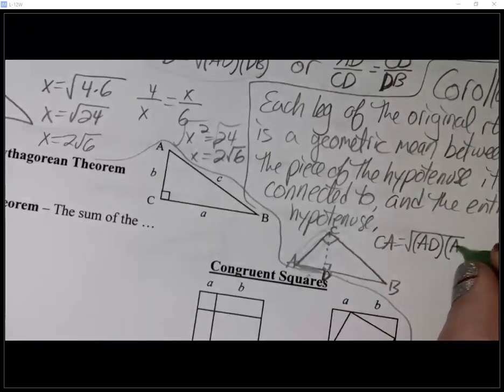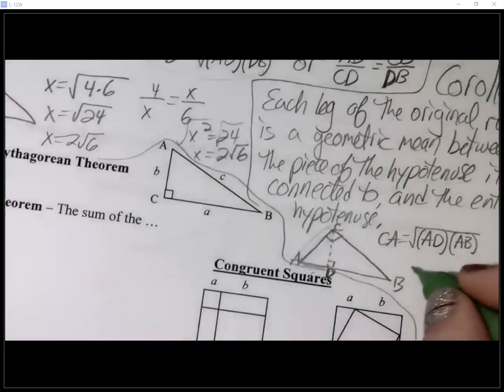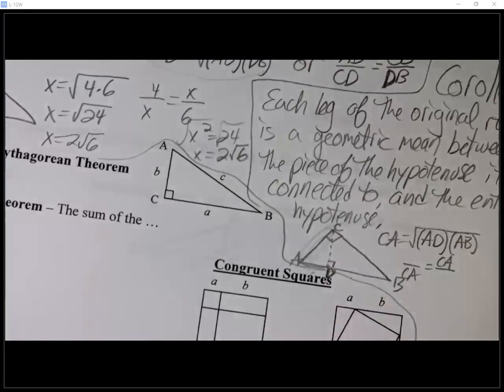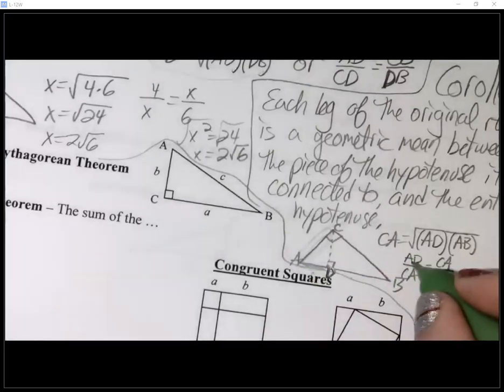So that's what this corollary is saying. If you like the proportion better, fine. CA would go in one set of diagonals, and then the piece of the hypotenuse it's touching, AD, goes in one, and then the whole hypotenuse in the other, AB.